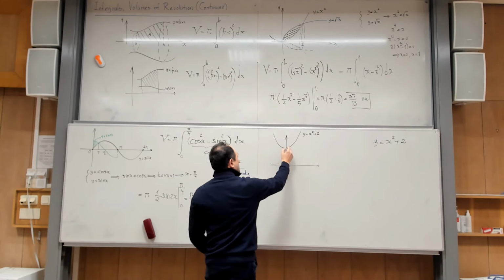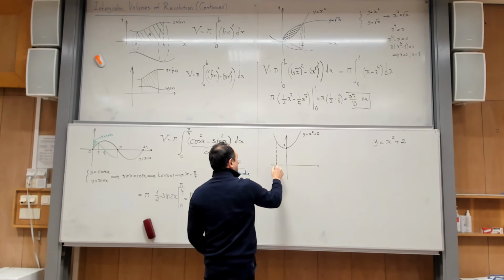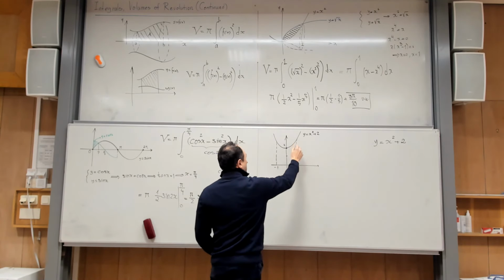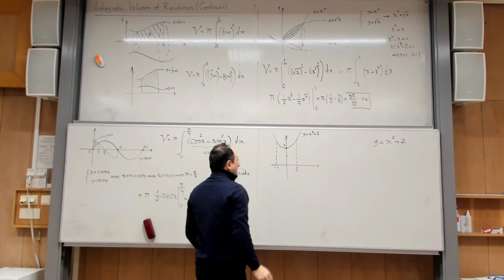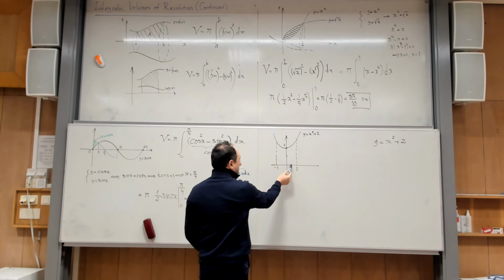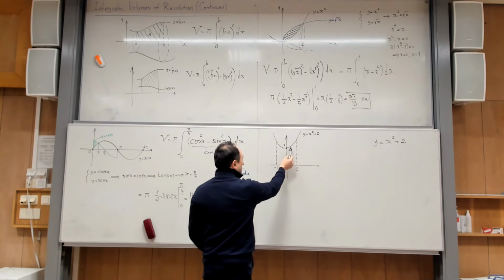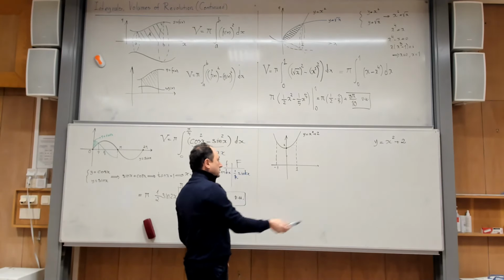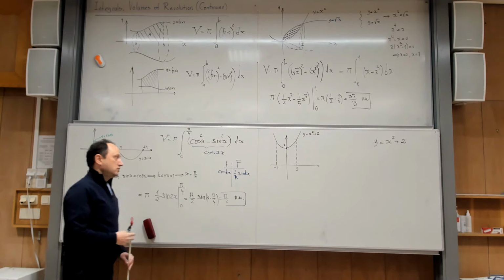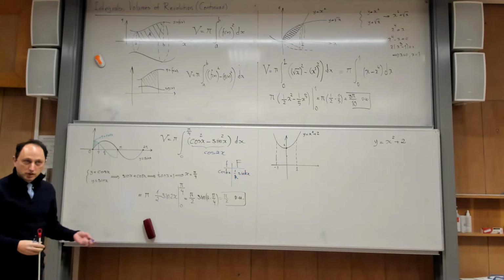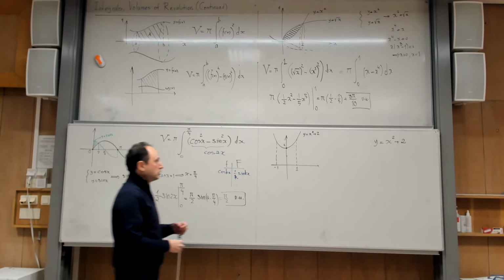And this point is 2. Now consider it between minus 1 and 1. If I take this area, yes, and I rotate it about the x-axis and I ask you to find the volume of revolution, that is very simple. Yes, you already know what to do.